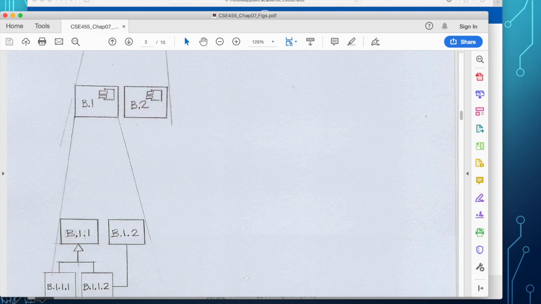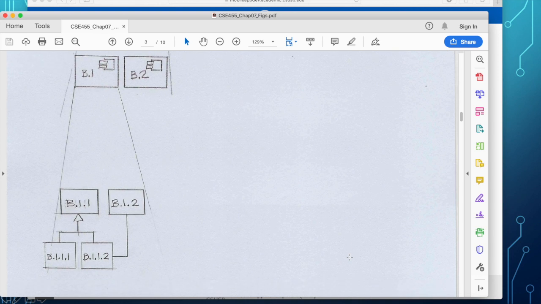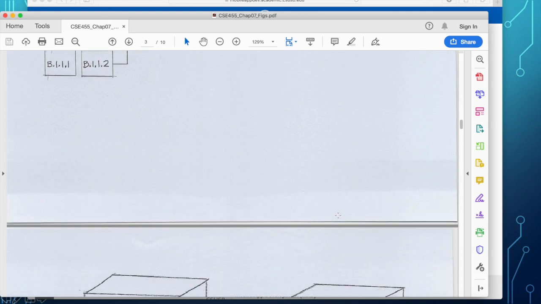And then the B.1 is decomposed into a class diagram. So the class diagram is derived here, and the class diagram consists of four classes: B.1.1, and the subclasses are B.1.1.1 and the other one is B.1.1.2, and B.1.2 is the other class.